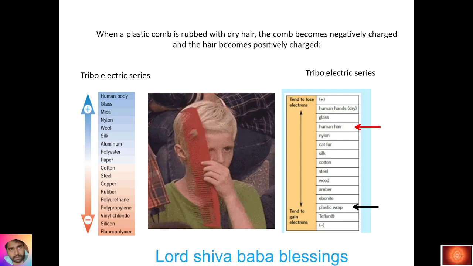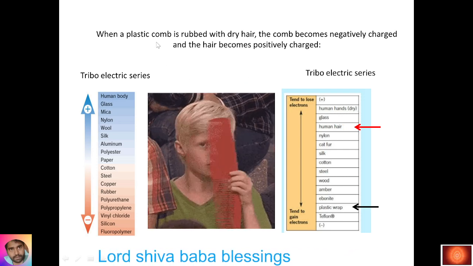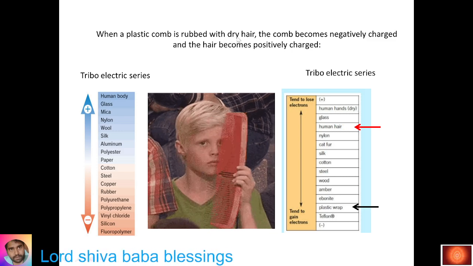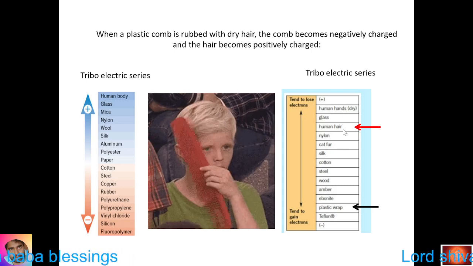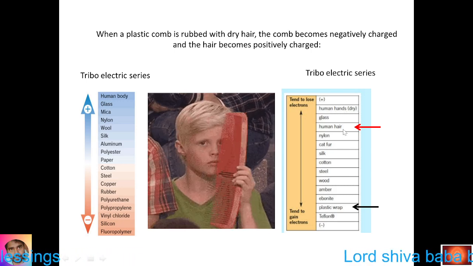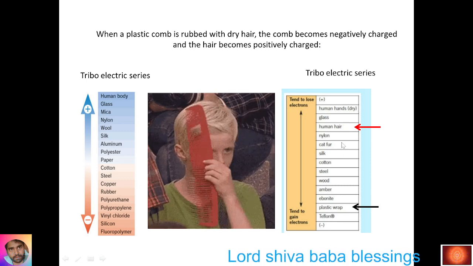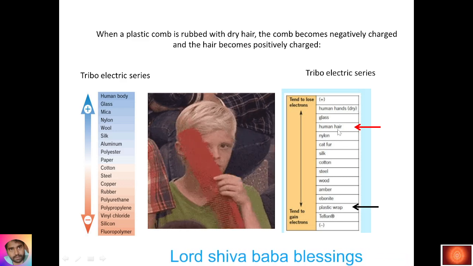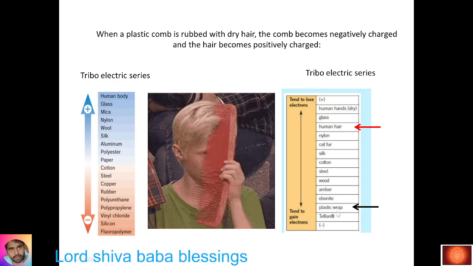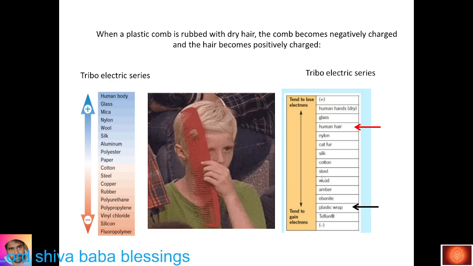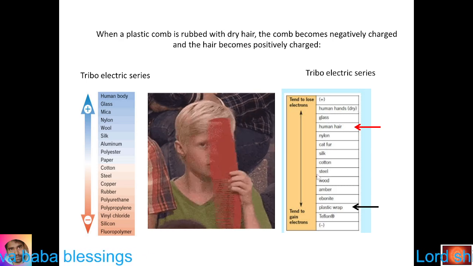Now let us consider the example when a plastic comb is rubbed against dry hair. Let us look at this table. The hair is at the top of the table and the plastic is at the bottom, so automatically the hair becomes positively charged and the plastic becomes negatively charged. Many other objects are also included.